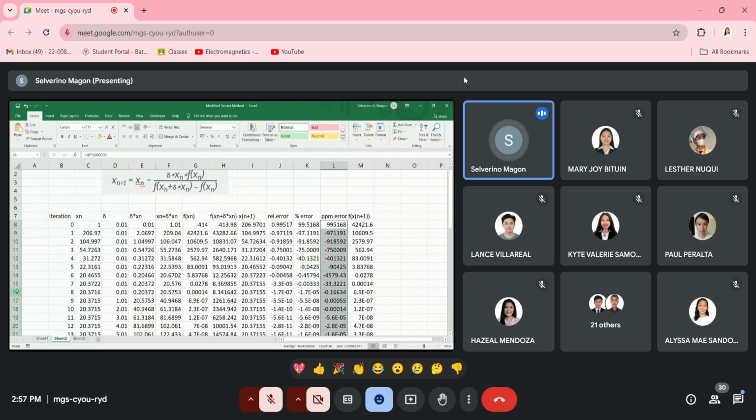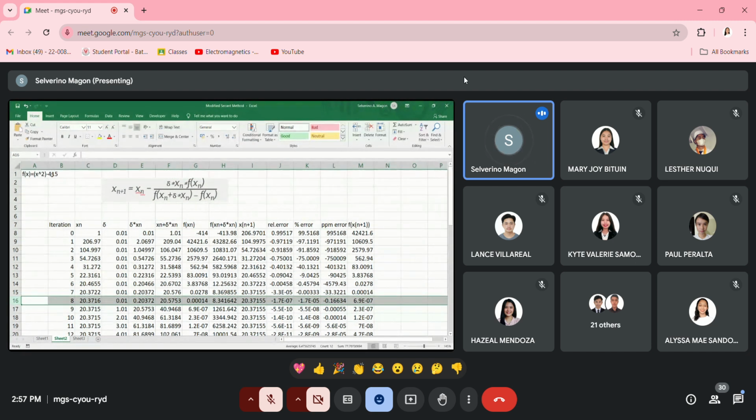And after the seventh, eighth, or ninth iteration, ninth, if you include the zero iteration here, then we're able to reach convergence for that particular problem.